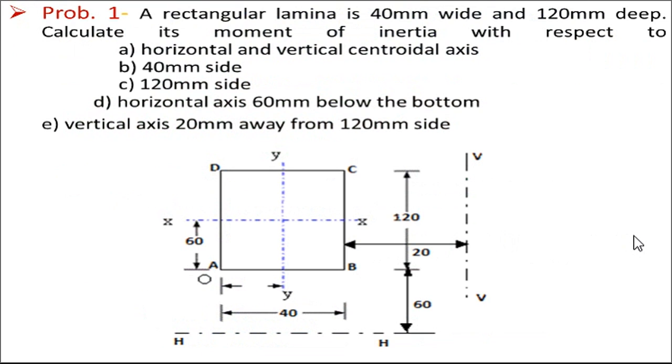A rectangular lamina is 40 mm wide, 120 mm deep. Calculate its moment of inertia with respect to: one, horizontal and vertical centroidal axis; second, 40 mm side; C, 120 mm side; D, horizontal axis 60 mm below the bottom; E, vertical axis 20 mm away from the 120 mm sides.